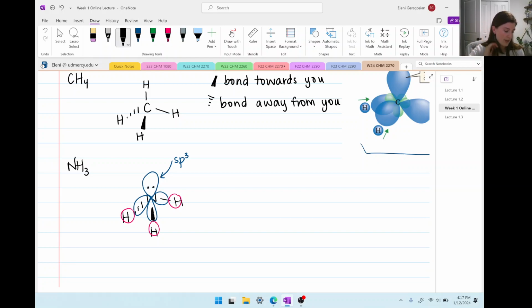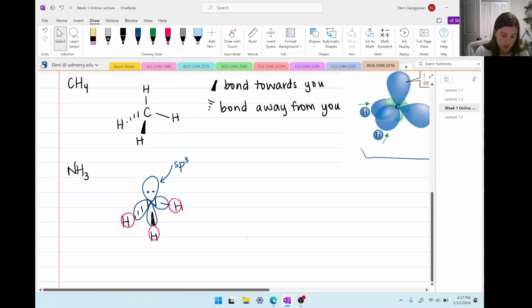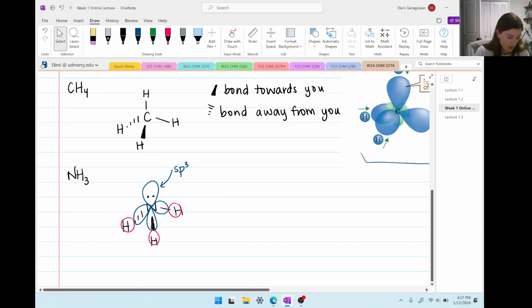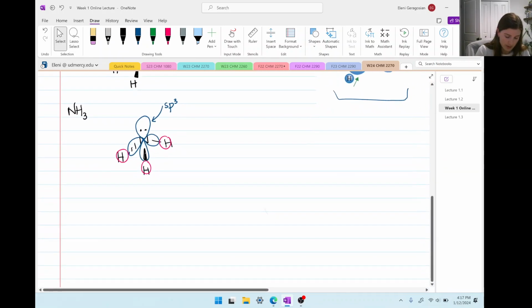Now, both of these have tetrahedral electronic geometry, but they have different molecular geometry. Let's create a table and then we'll talk about the difference.